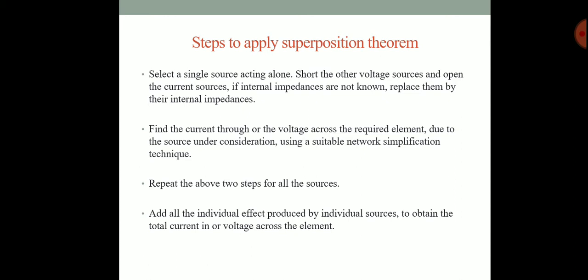Step 2, find the current through or the voltage across the required element due to the source under consideration using a suitable network simplification technique. Step 3, repeat the above two steps for the other sources. Step 4, add all the individual effects produced by individual sources to obtain the total current in or voltage across the element.